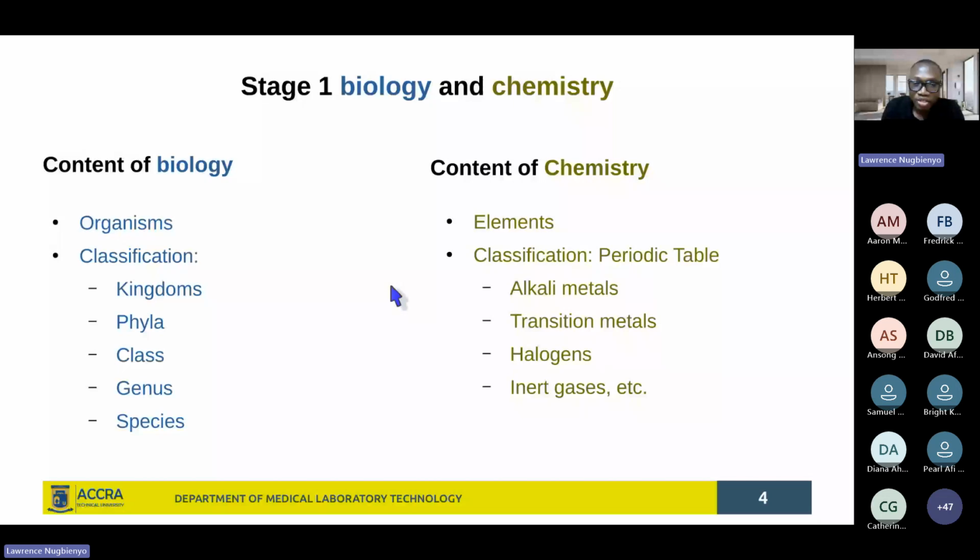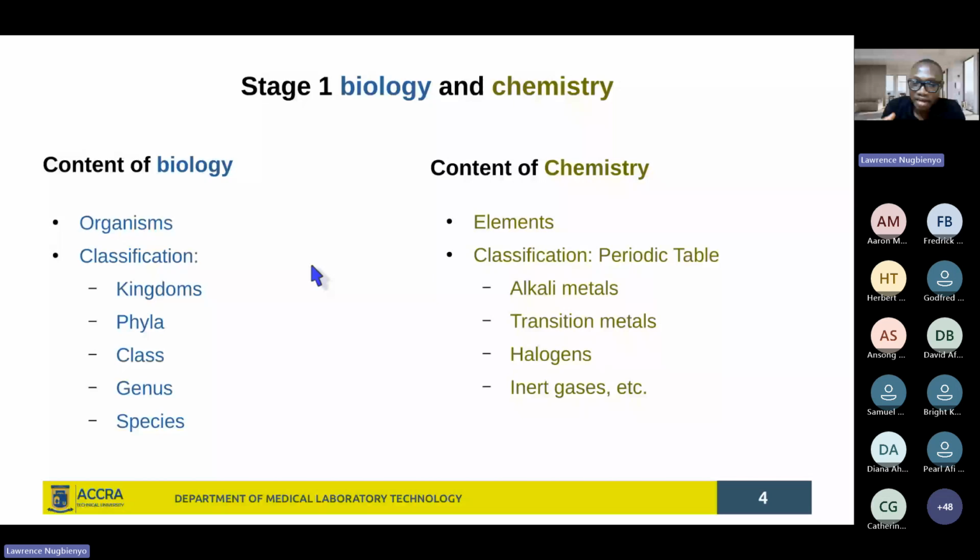You have this classification which you refer to as kingdom Plantae, kingdom Animalia, all these kingdoms, I think 5 kingdoms, each of them will have what you refer to as phyla. And the phyla were broken down into classes, genus, species. You did that classification at that stage, which I refer to as stage 1 biology. And at stage 1 chemistry, you were also doing classification. Remember, we said it is the study of chemical substances and the interactions between them.